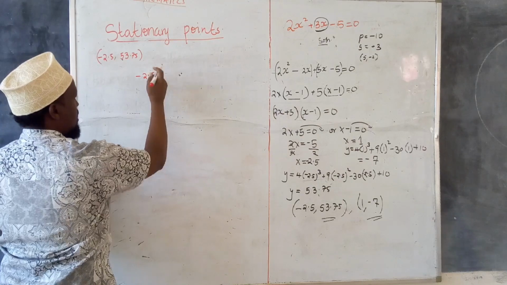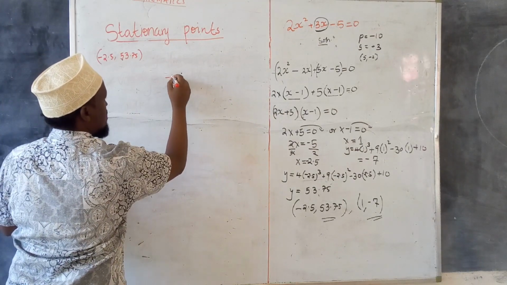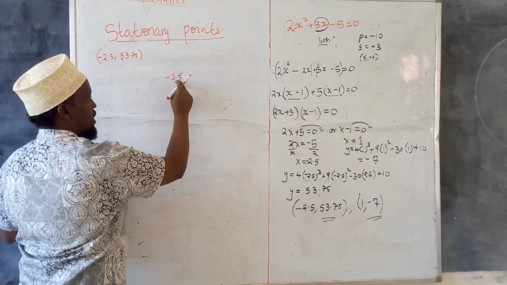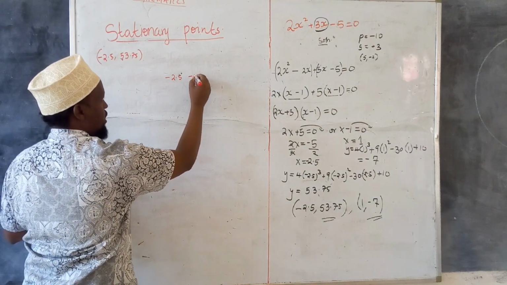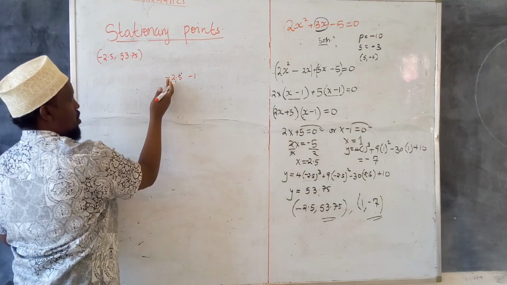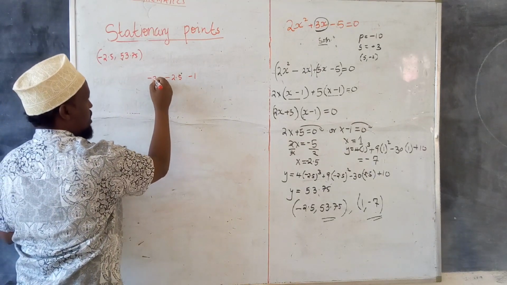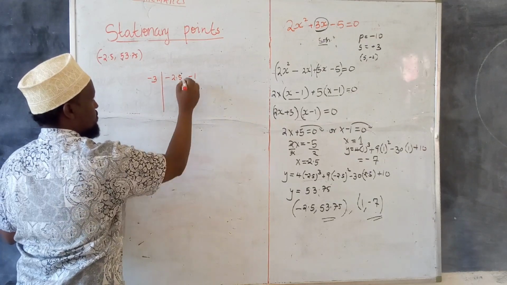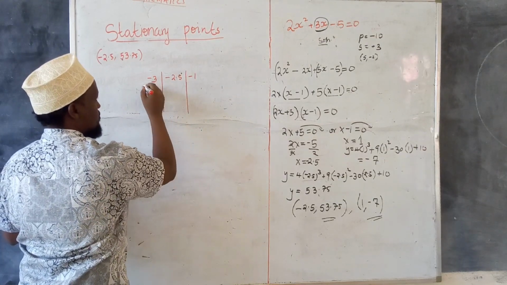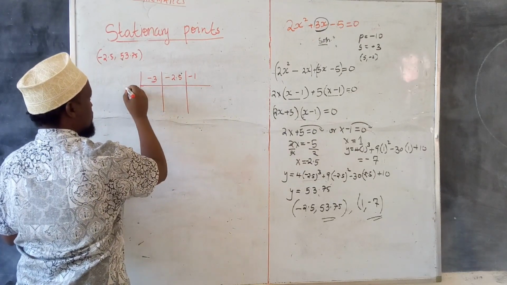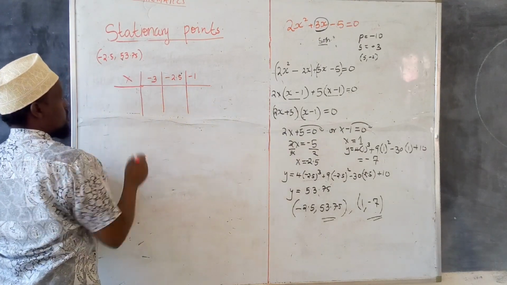So we have to choose a point on the right of -2.5, which will be -1, and a point on the left of -2.5, which will be -3. So those are the values of x.